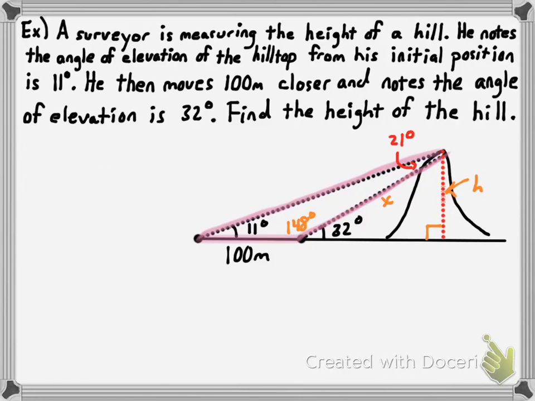Okay, so X over the sine of 11 degrees would equal 100 over the sine of 21 degrees. Now go ahead and use your calculators, figure out what you get for x.